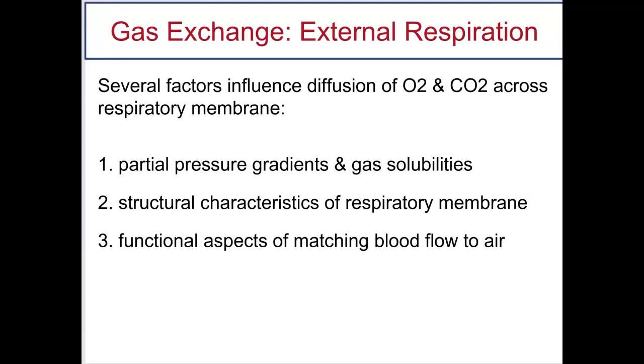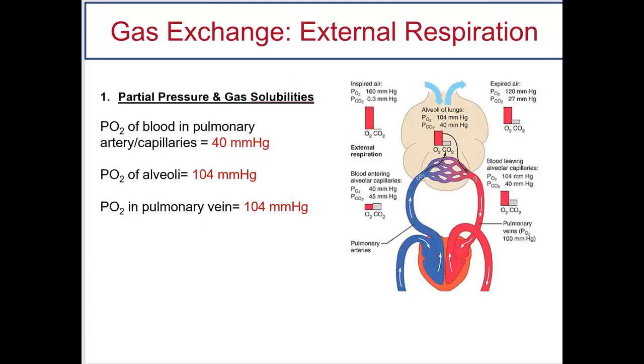airflow. So when we look at our partial pressure gradients, you just saw these numbers. Remember that when we're looking out at atmospheric air, let's say 160, it's close enough. When it comes in the lungs, it changes so that we know our PO2, our partial pressure of oxygen inside the alveoli, is high because we're bringing it all in.